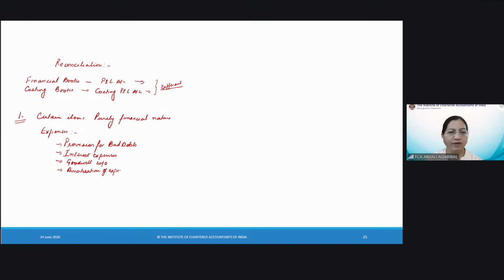All these do not have any place in cost books. Similarly, there could be items of income also. They could be rents received apart from normal business. There could be interest received, dividends received.